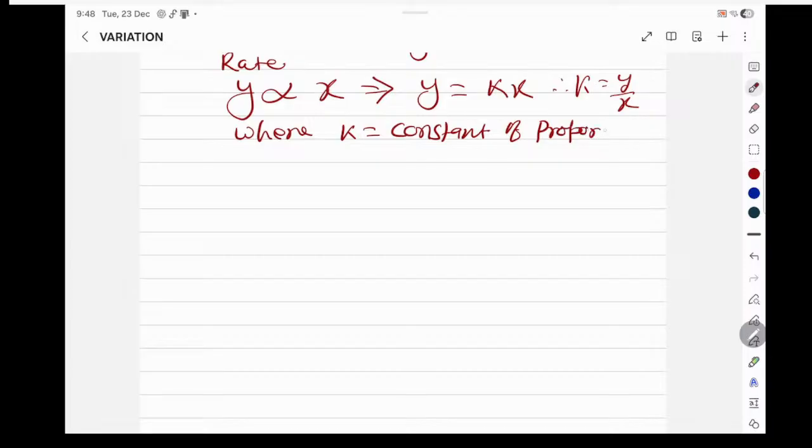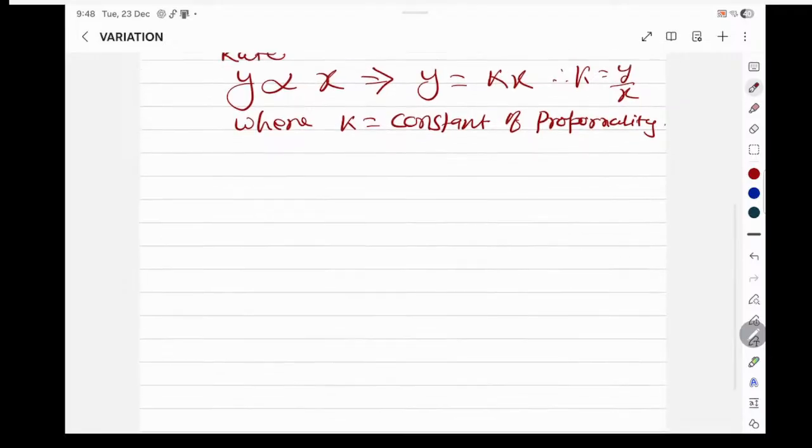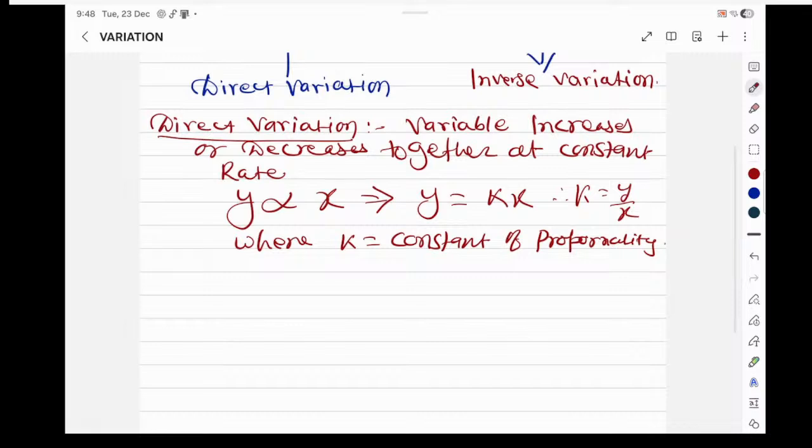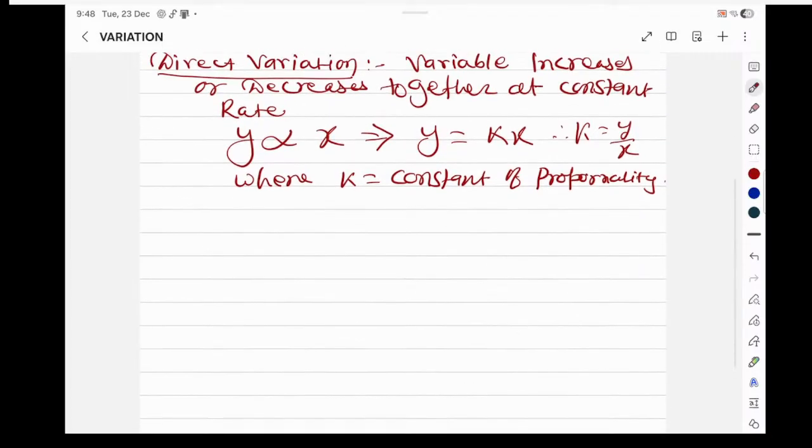So variables that increase or decrease together at a constant rate is called direct variation. We can write it as y is directly proportional to x, and if you remove the proportionality sign, you put down the k, where k is the constant of proportionality.